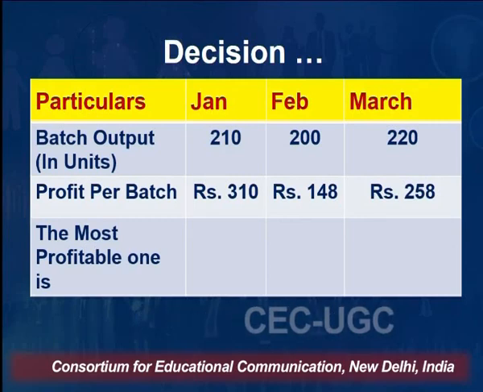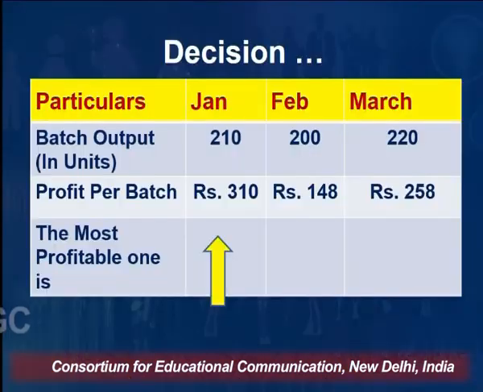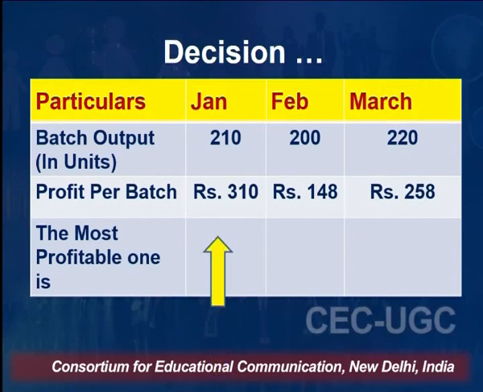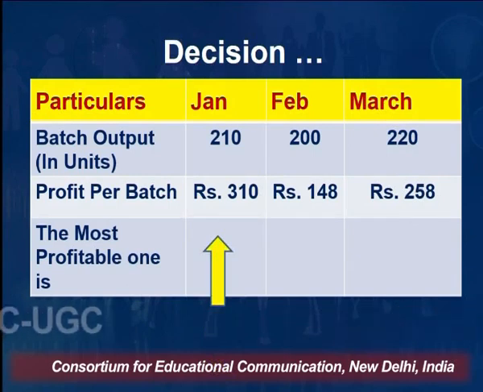So if I ask you which one is more profitable, you can simply identify and write in your report that the most profitable one is going to be the month of January, which is giving me a profit of 310 rupees. So this is going to be the most profitable project for the month of January, wherein you are having a profit per batch of 310.